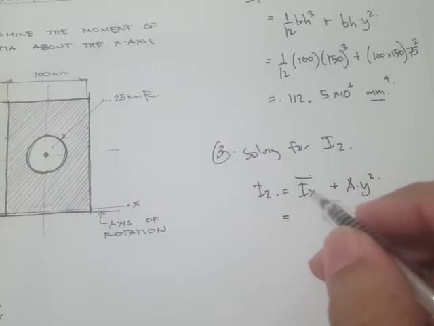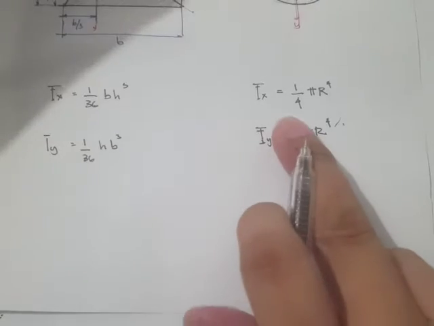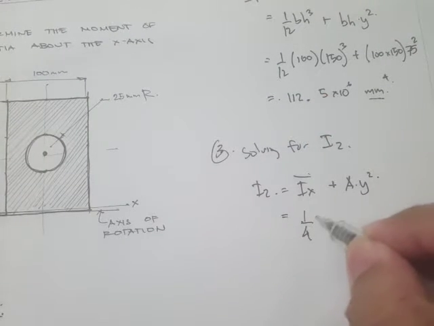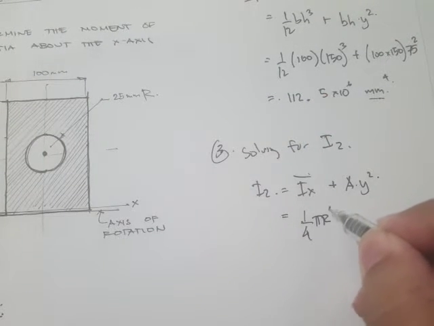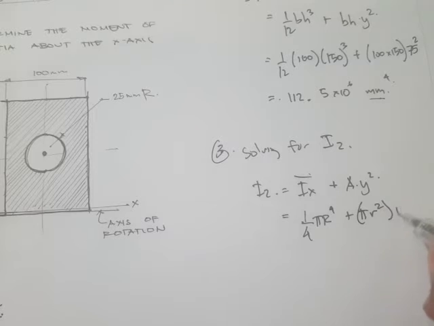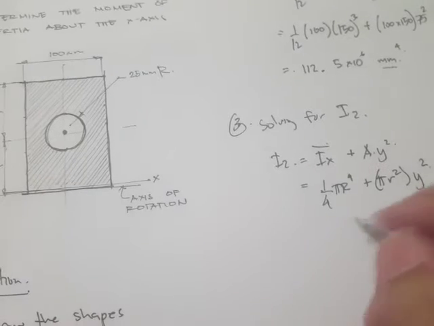Okay, so what is this? I sub x along the centroid is simply 1 over 4 times pi r to the fourth, plus the area. What is the area of the circle? It's simply pi r squared, times the moment arm, y squared.